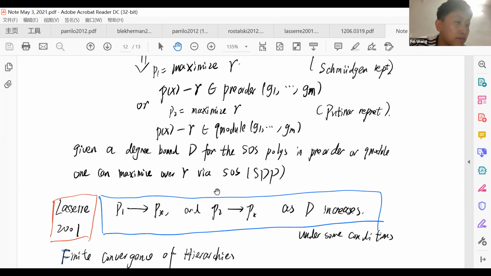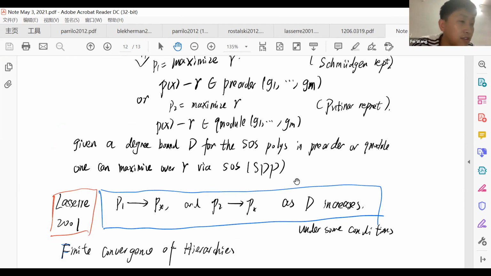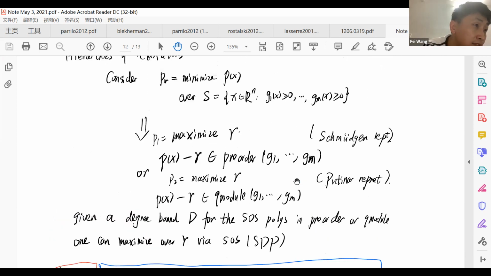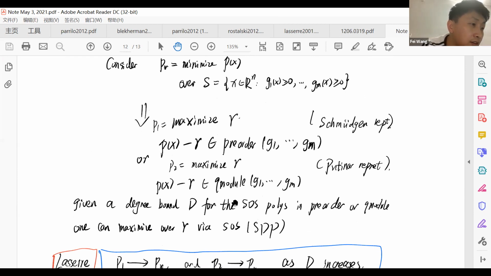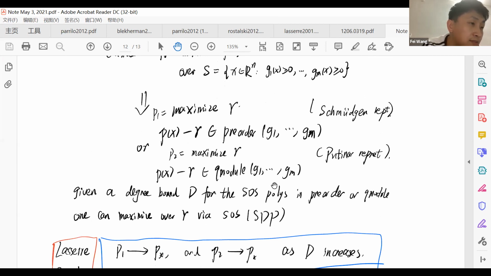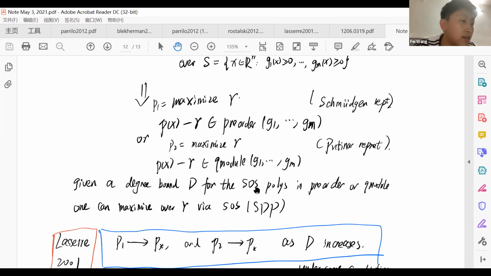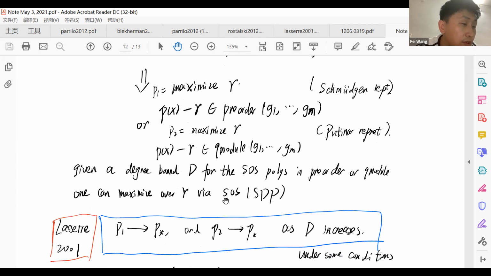This is actually called the Lasserre hierarchy. The Lasserre hierarchy basically proves that you can find the global optimum of a polynomial optimization problem in this form by solving a sequence of convex problems: maximize gamma such that P(x) minus gamma is in the truncated quadratic module.